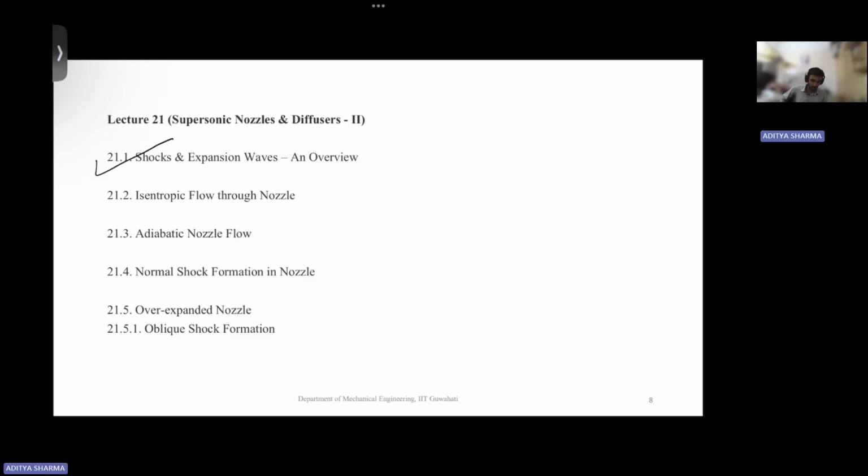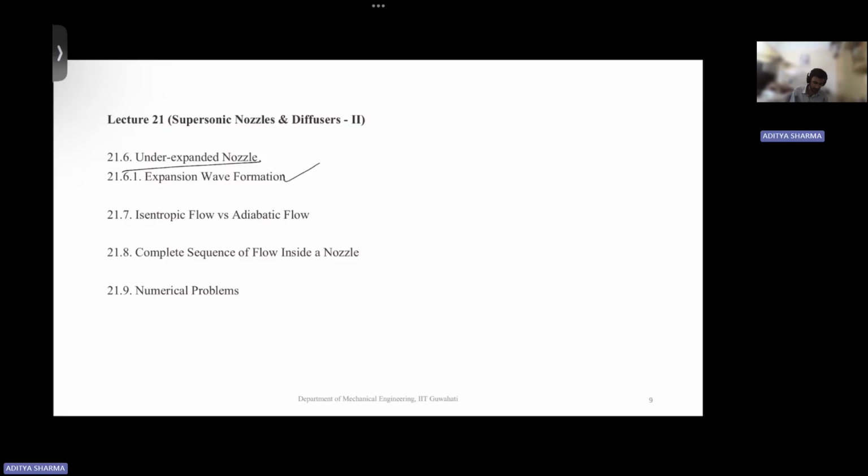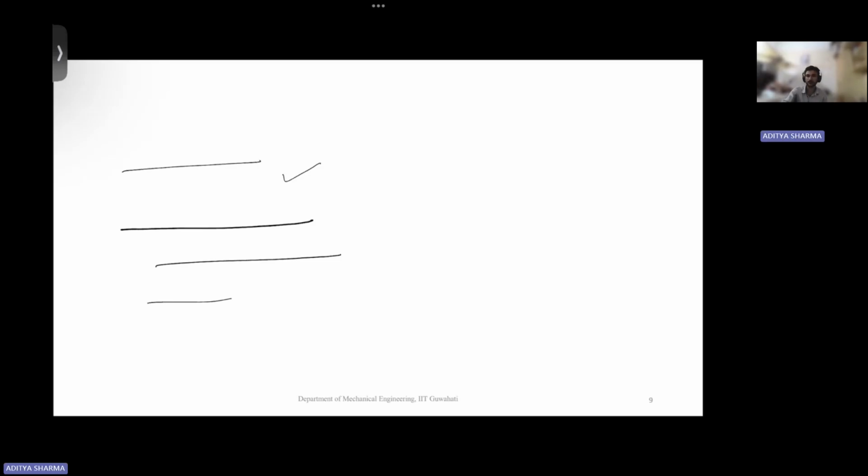An overview of these two topics has been given. Then you move on to isentropic flow through nozzle. Then adiabatic nozzle flow you see. Then normal shock formation in your nozzle, which we shall see. Then the overexpanded nozzle has been discussed. Then the underexpanded nozzle has been discussed. These are the topics in lecture number 21.